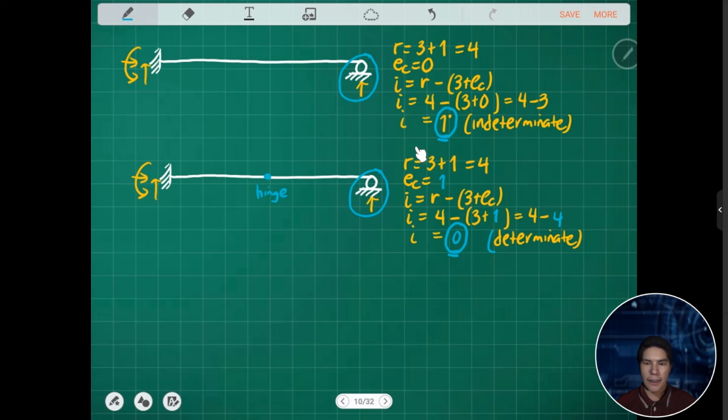By adding internal hinges. However, there are specific positions where you can place the internal hinge. Most probably where there is no moment, which is at the point of inflection.